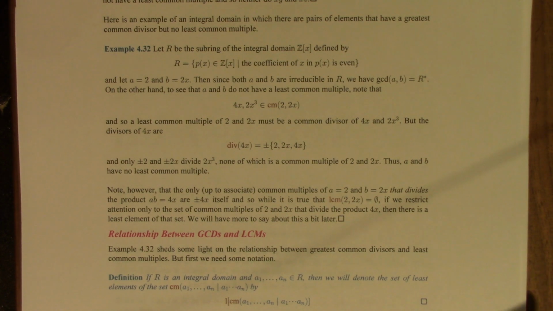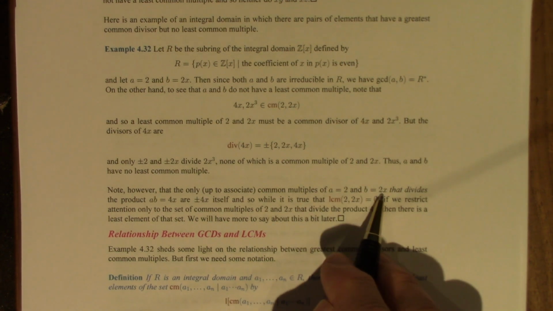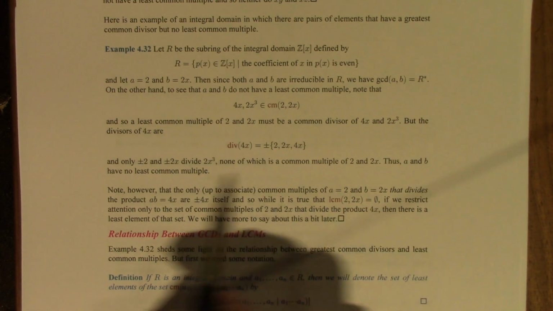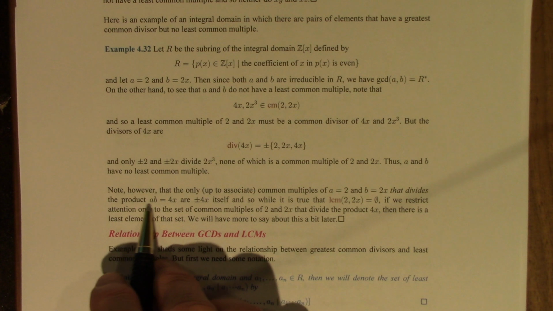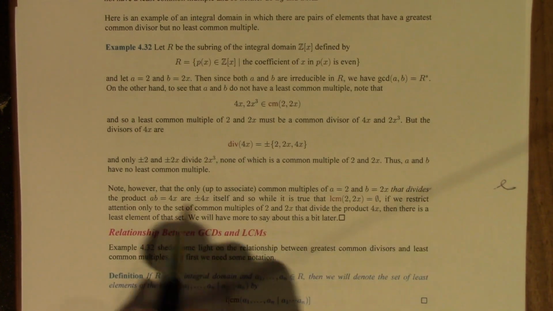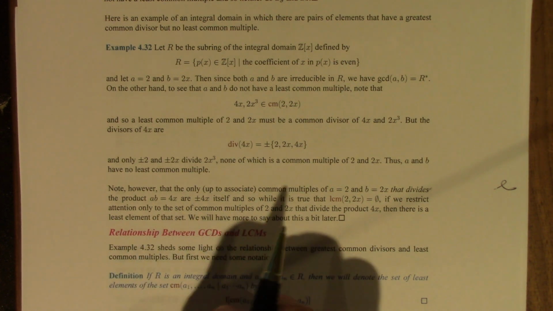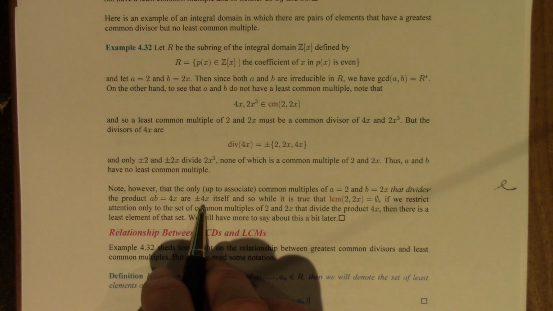One thing to note here, because it will come up very soon, is that, at least up to associate, the only common multiples of 2 and 2x that divide the product AB, which is 4x, are positive and negative 4x.